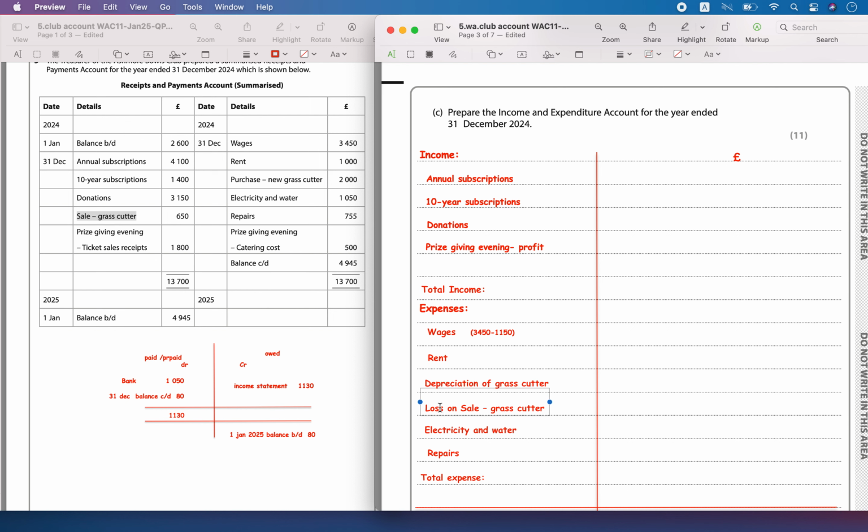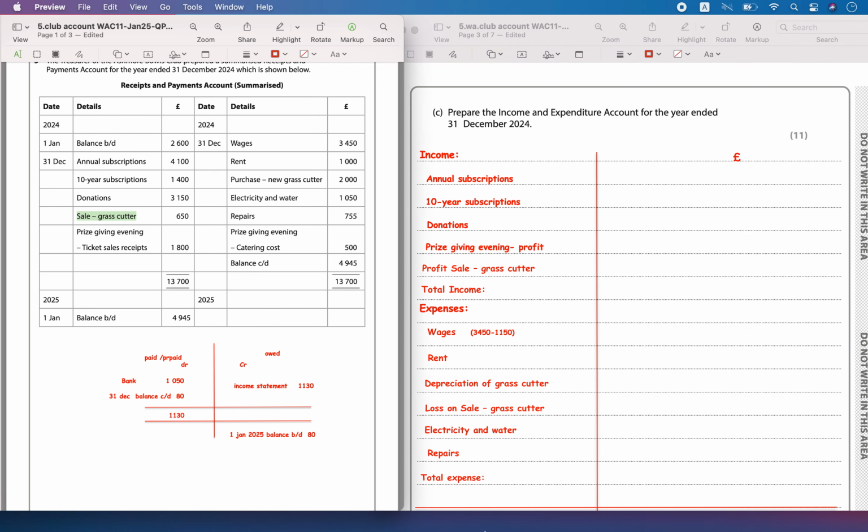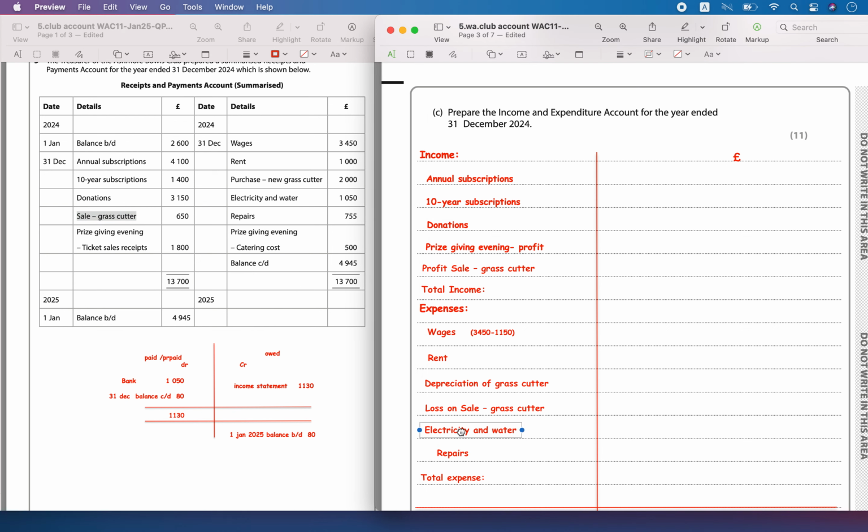And for the sale of grass cutter, we have to see whether it was a loss or a profit. If there was a profit on the sale, you will put it as income. For now you don't know. Then electricity and water is an expense, repair is an expense. So all these are expenses, and you will have to write them.